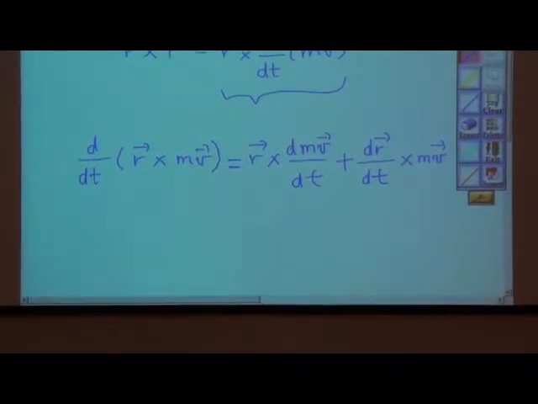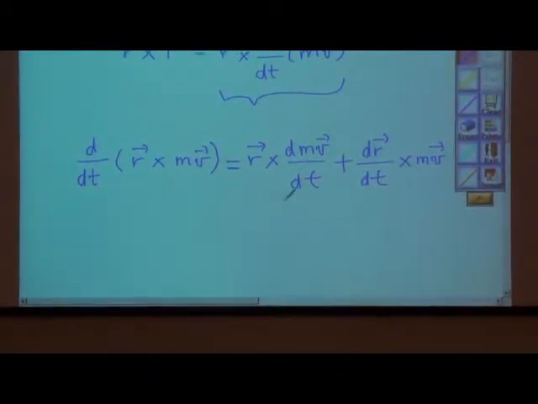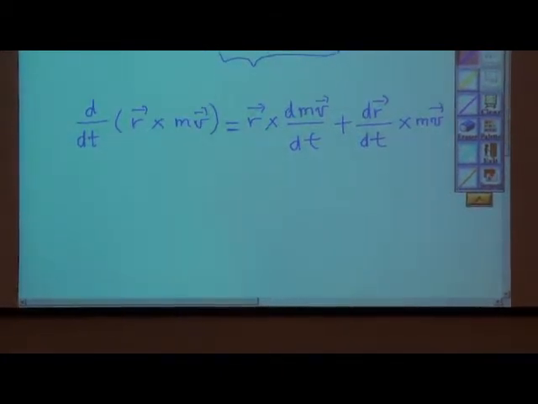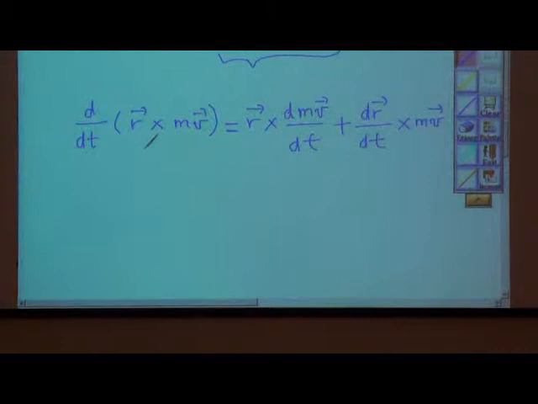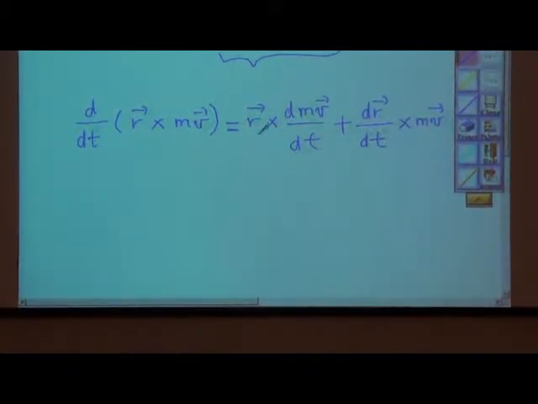Does any of you have any difficulty in understanding what's going on here? This is the simple differentiation in the case of a cross product.